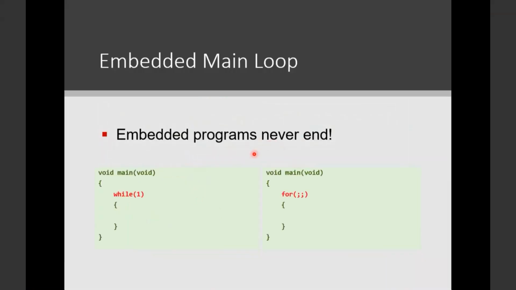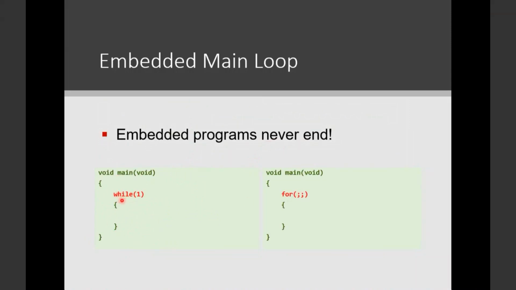And this is embedded C. This is how you write a C program that never ends, meaning that it will loop continuously. To do it, you can use either a while or a for loop.